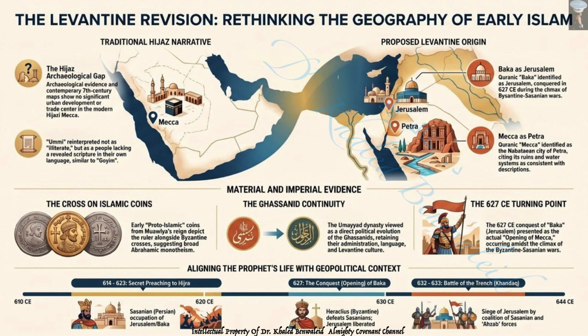We examined the mechanics of translation, exploring how a Levantine context redefines the term Ummi from illiterate to scripturally disenfranchised, and how the titles Ahmad and Muhammad represent phases of revelation, directly translating the Greek Christian concept of the Parakletos. We watched the map fundamentally shift, separating Mecca and Bakkah, identifying Petra as the ruined Sasanian stronghold, and Jerusalem as the true sacred house, a geography supported by the external, contemporary accounts of Syriac and Armenian chroniclers.